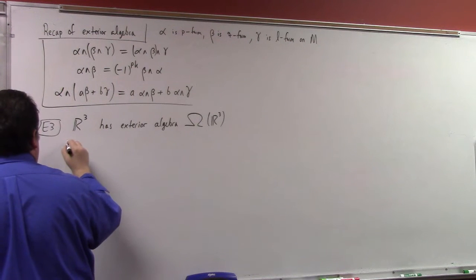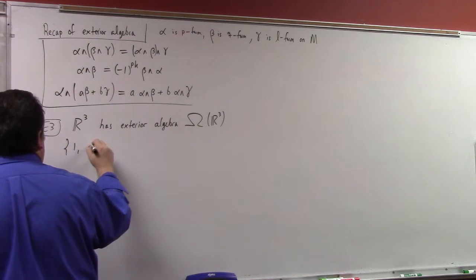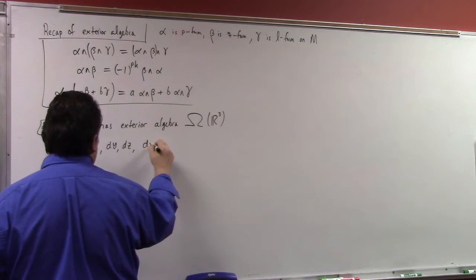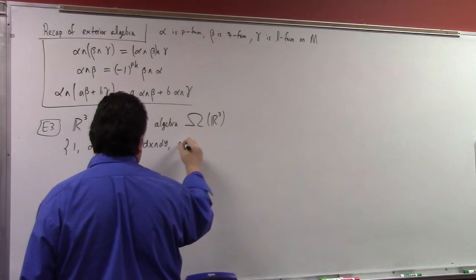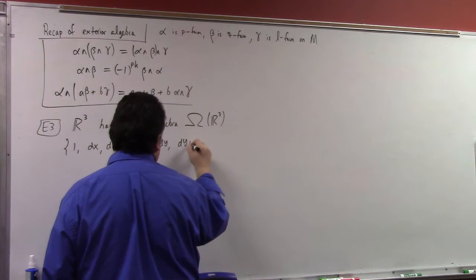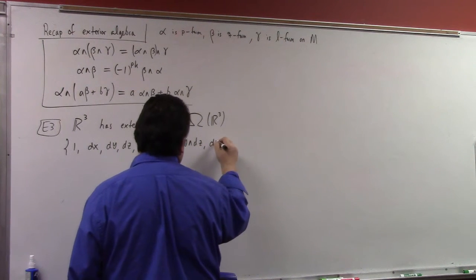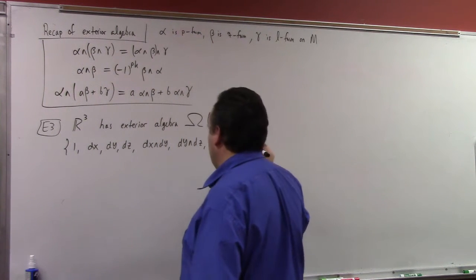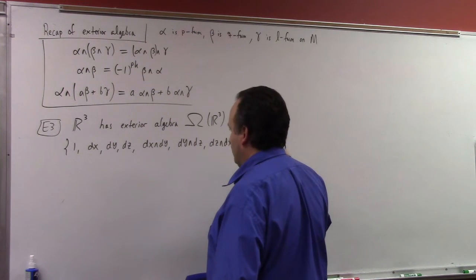But basically anything in the exterior algebra can be built by a linear combination of what? Something like you've got 1, you've got dx, dy, dz, dx wedge dy, dy wedge dz, dz wedge dx. These are not in any particular order. And then what else do you got?